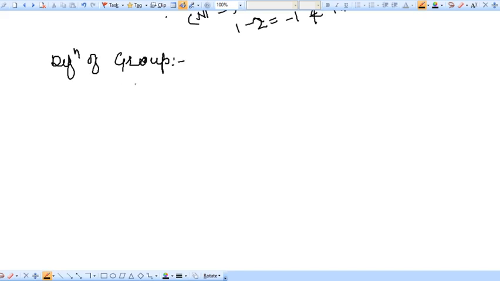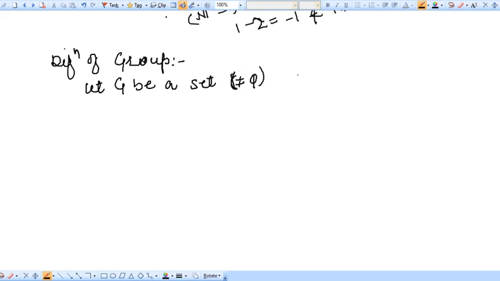A group is a set under, or you can say with, a binary operation. Let me write it here only. Let G be a non-empty set. Not a simple set, but it should not be empty.